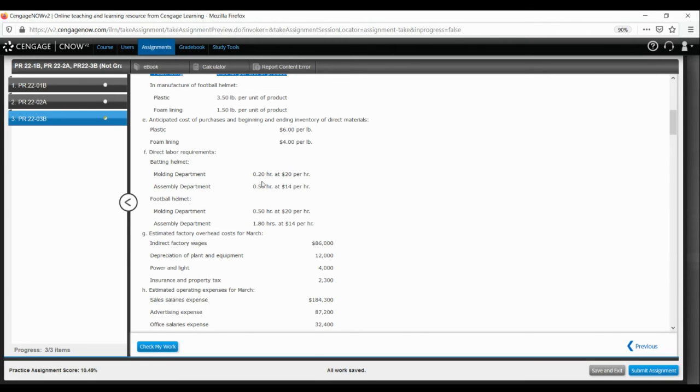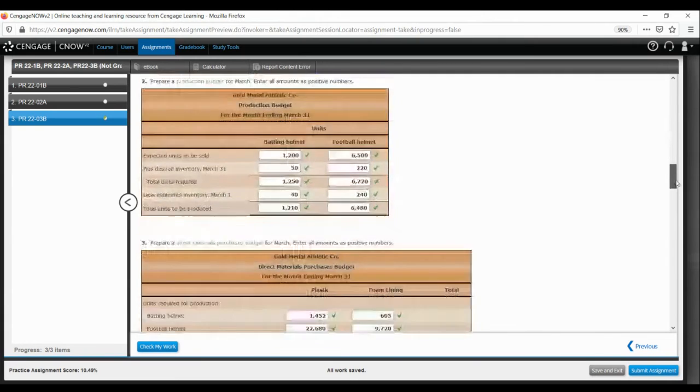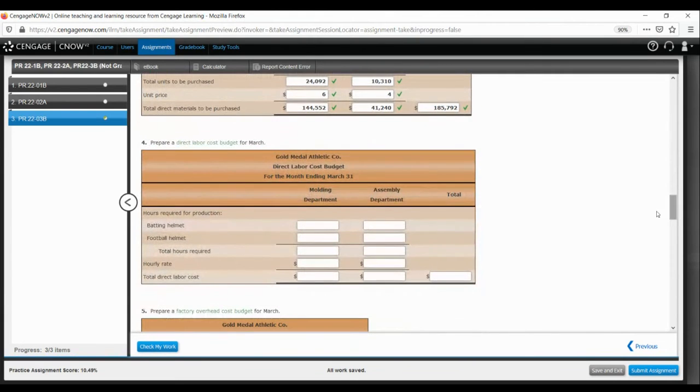You have to keep up with each one of these separately. You're going to want to determine the molding department's hours that it takes to produce the football helmets. So take the number of units that you are producing of football helmets and multiply it by a half an hour. And that combined with the batting helmets will give you the number of hours that you have to use to produce the batting helmets.